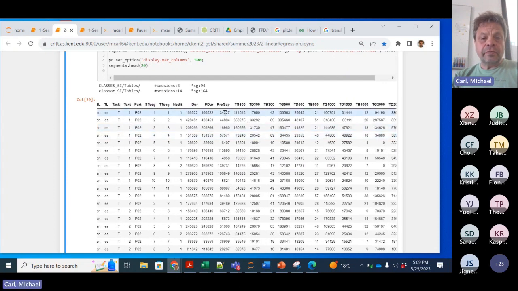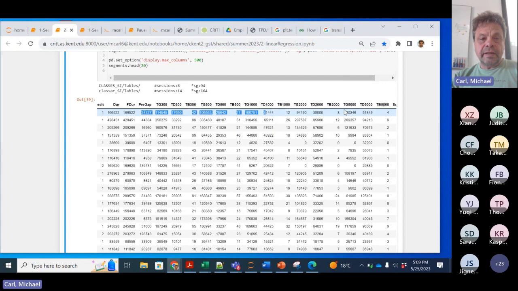Then we have a number of these pause metrics that I will look into in more detail tomorrow. But the idea is that we will have stretches of typing and stretches of pausing.